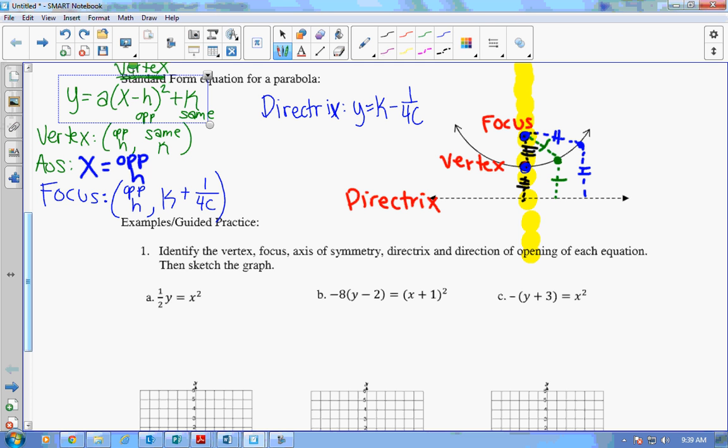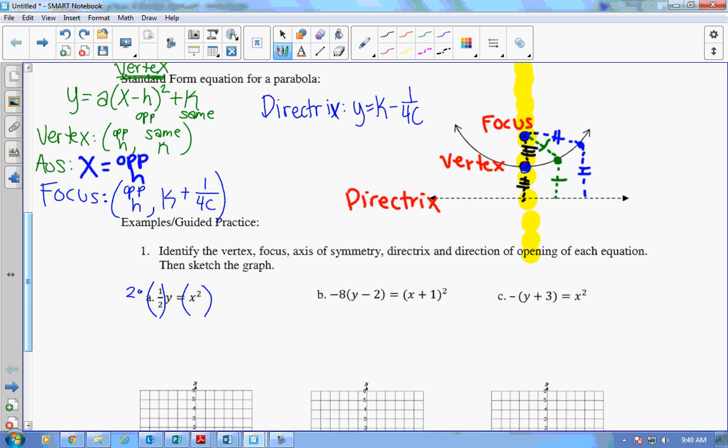Y equals everything else. Okay, Kaylin, how would you get it to be in the correct form? It says 1/2 y equals x squared right now. We just want it y equals. You can divide by 1/2, and that's the same thing as timesing by 2. So to avoid all the fractions, I'm going to go with timesing by 2.